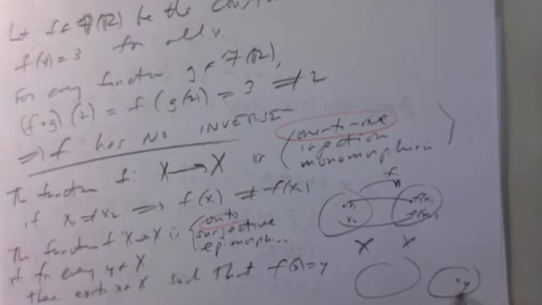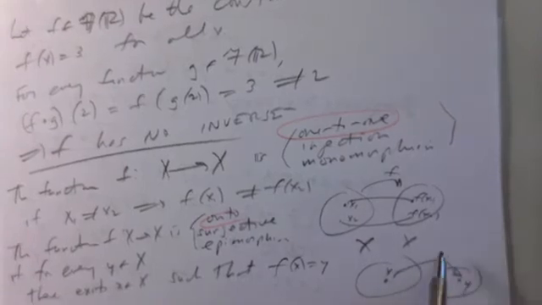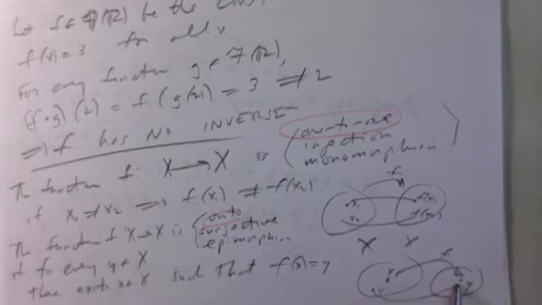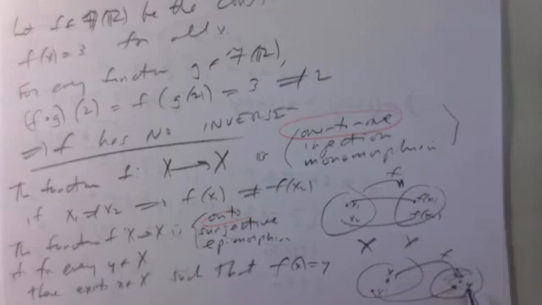That says if you take any y in X, you can always find an x in X which f sends to y. And there could be more than one. There can be another element, x2, that also gets sent to y. But this function f sort of covers X because no matter what element in X you pick, it's always the image of some element under this function f.